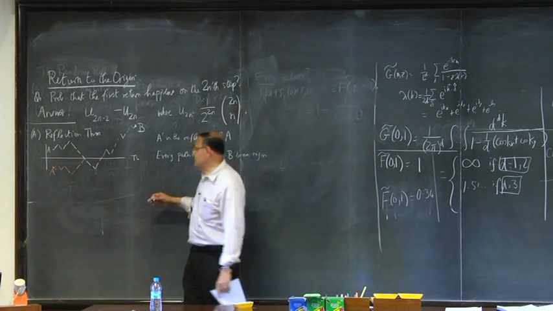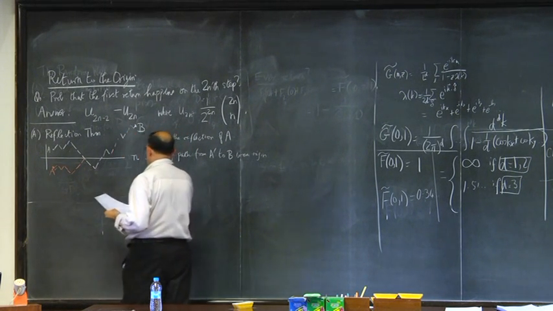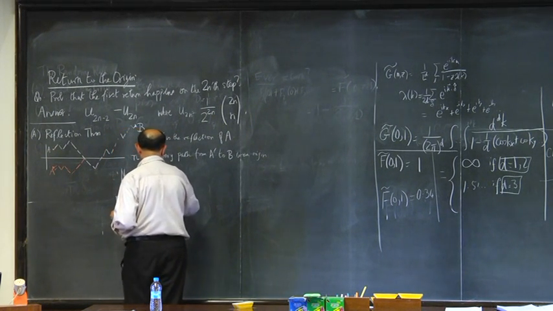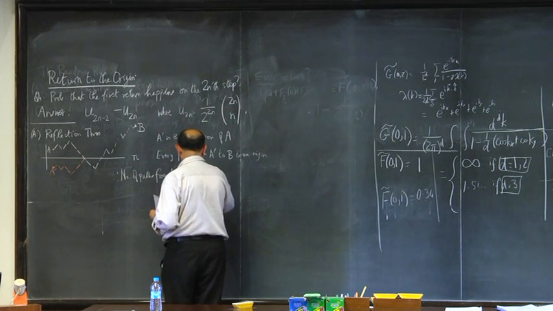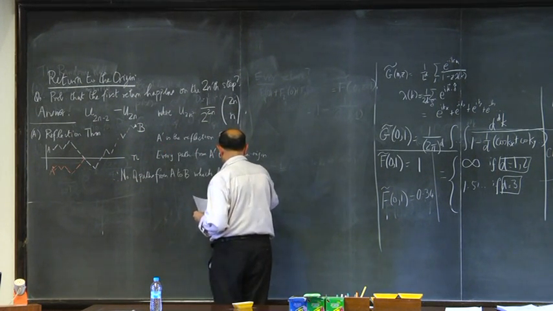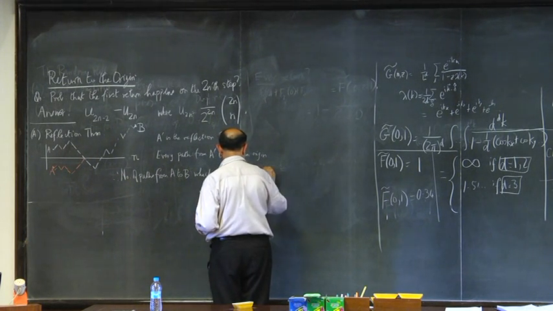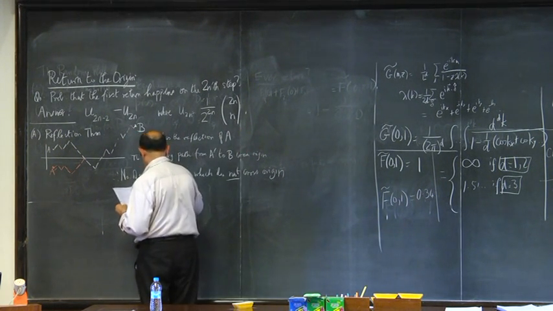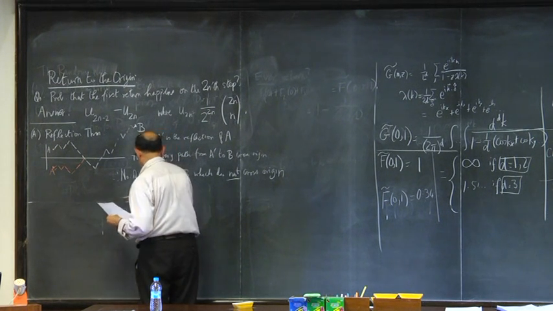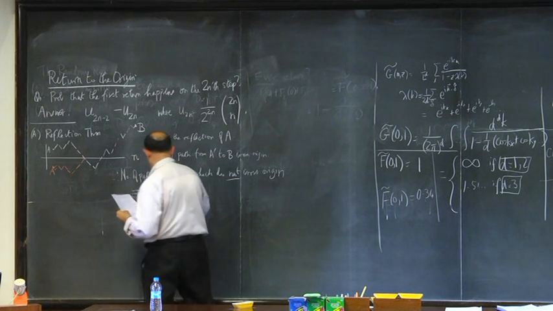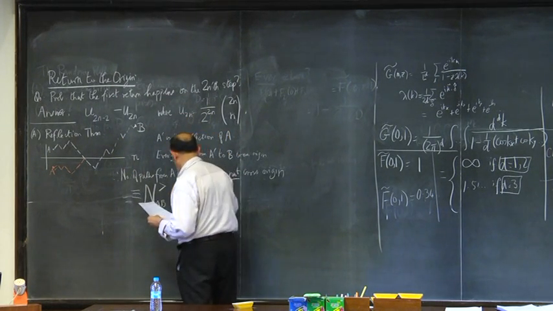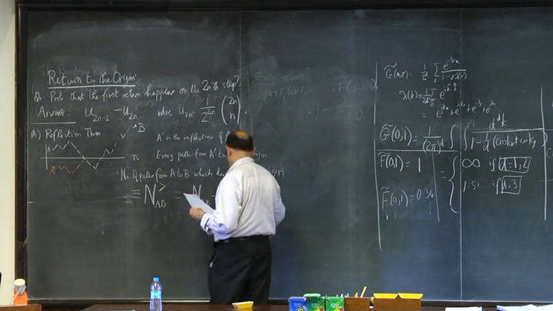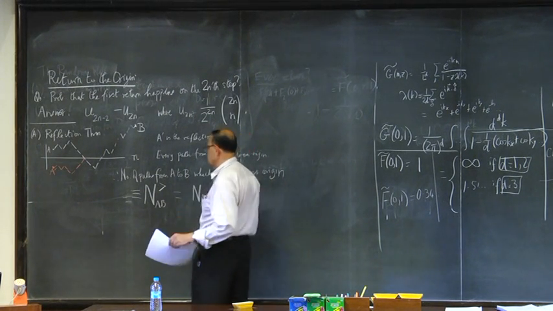Therefore, the number of paths from A to B which do not cross the origin is equal to the total number of paths from A to B minus the number of paths from A prime to B. They are all on the positive side. Finished. This completes part A.